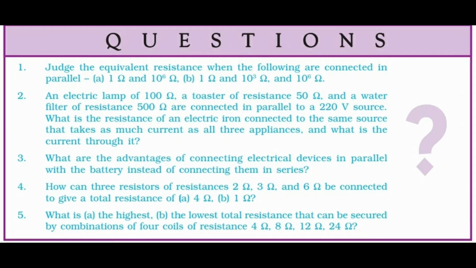water filter of resistance 500 ohm are connected in parallel to a 220 volt source. What is the resistance of an electric iron connected to the same source that takes as much current as all three appliances, and what is the current through it? Let us calculate.